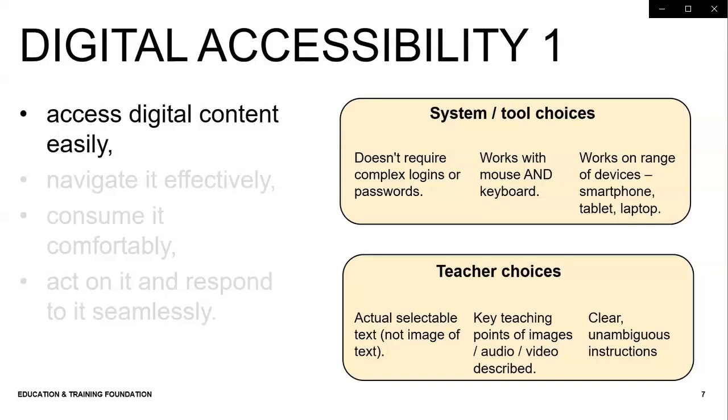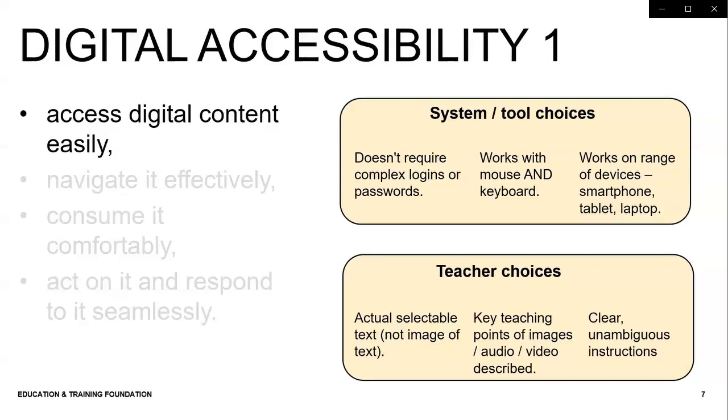Don't choose something if it requires really complex login procedures, passwords that have to have 17 letters, 4 numbers and 13 bits of punctuation. That kind of thing doesn't help students with dyslexia and so on. Make sure that the system you're working with, really try to check it, not just with a mouse, but also have a go at checking it with a keyboard, and try to choose platforms and systems that are going to work on smartphones if possible, as well as working on laptops, etc.